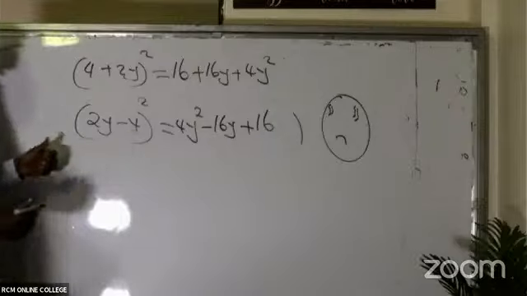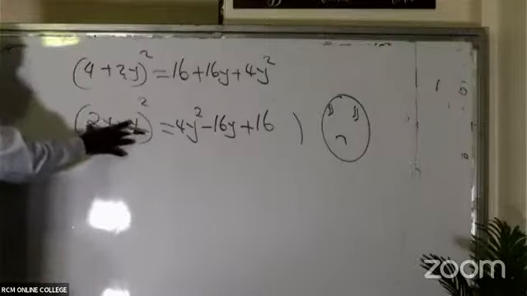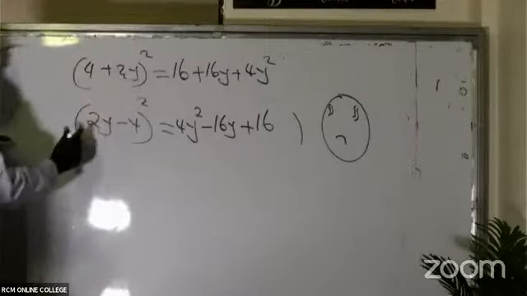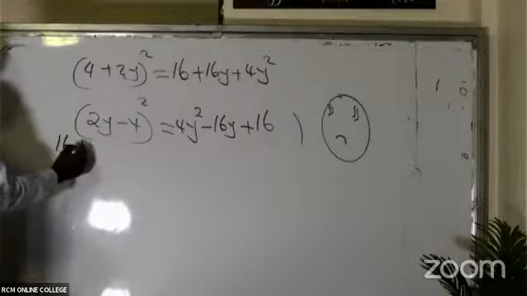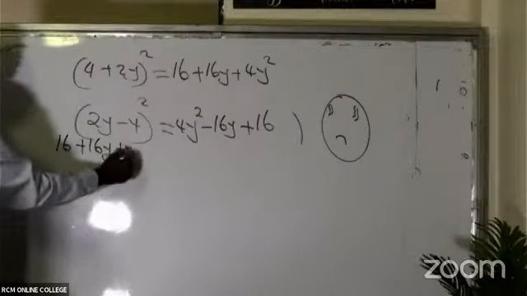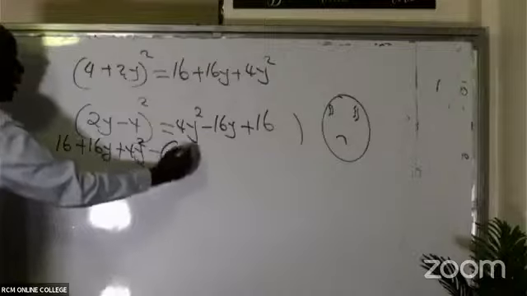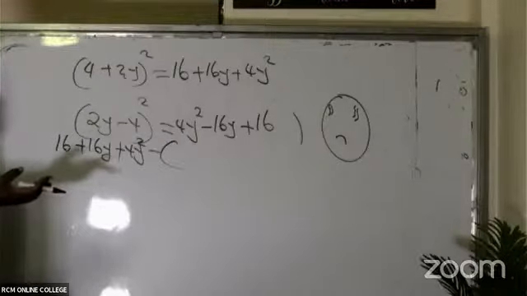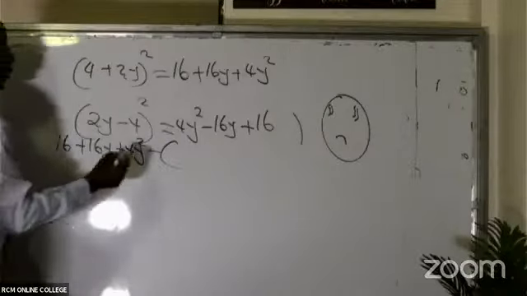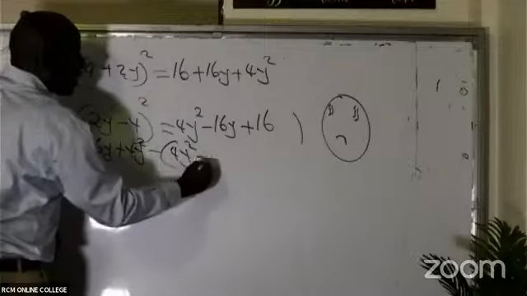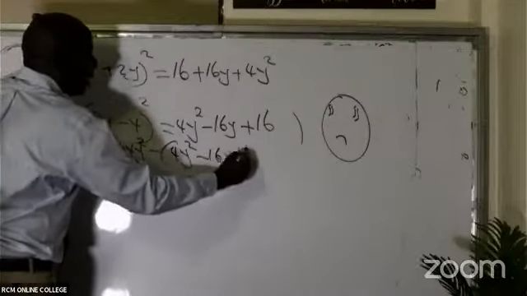And then remember, the examiner wanted you to deduct, to take away this from this. So in short, you'll say 16 plus 16y plus 4y squared minus, and I have to put this in brackets: 4y squared minus 16y plus 16.